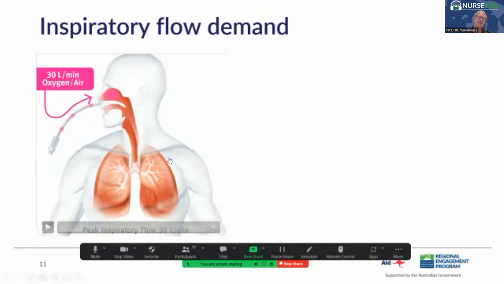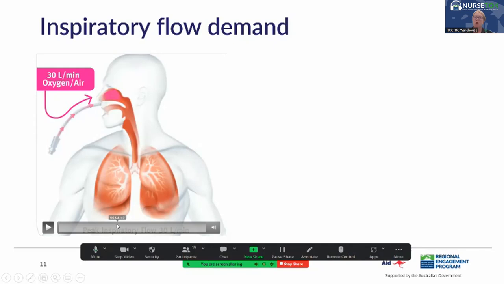Which means that we can deliver higher flow rates through the high flow machine, which essentially means that if this patient is requiring 30 litres of flow, we can give that 30 litres through the high flow machine. Okay, so this patient is getting 30 litres and he needs 30 litres.